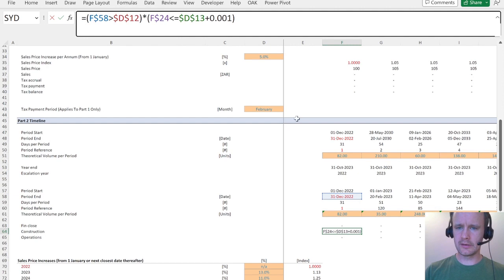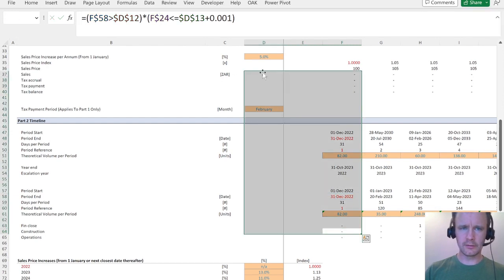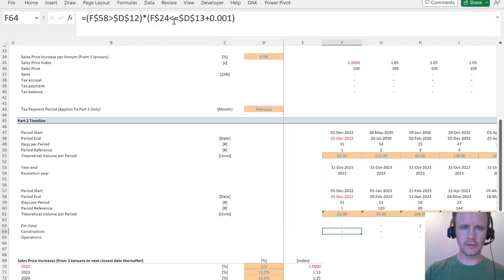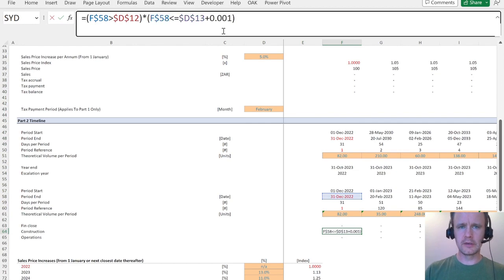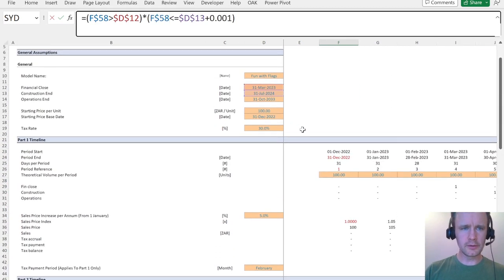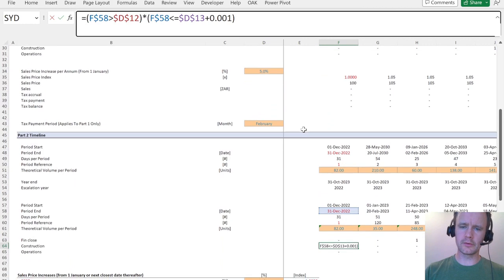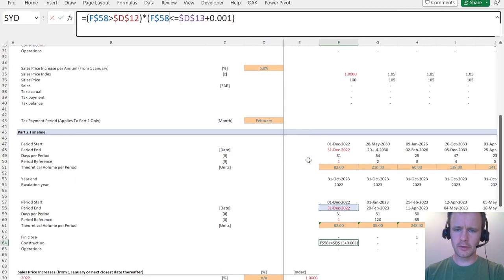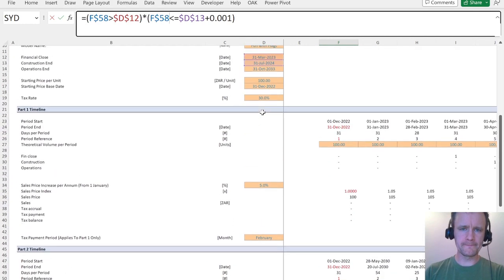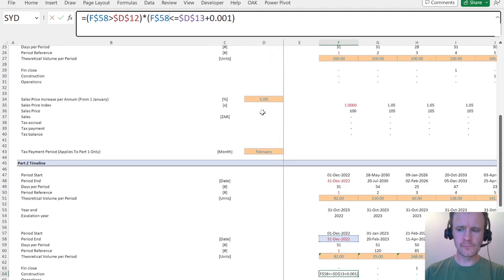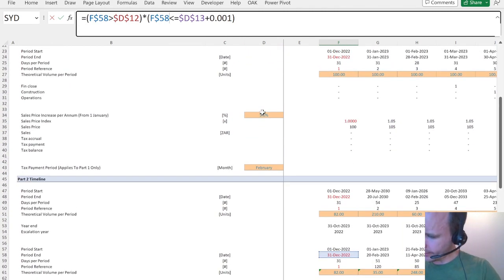And then the end date, which is also based on 58, has to be less than or equal to construction start date plus 1. Is that the right logic anymore? No. Oh, God. So let's see. Are we prorating? One of the above periods falls in a given model period being considered to apply for the full model. Okay, no prorata, fine.